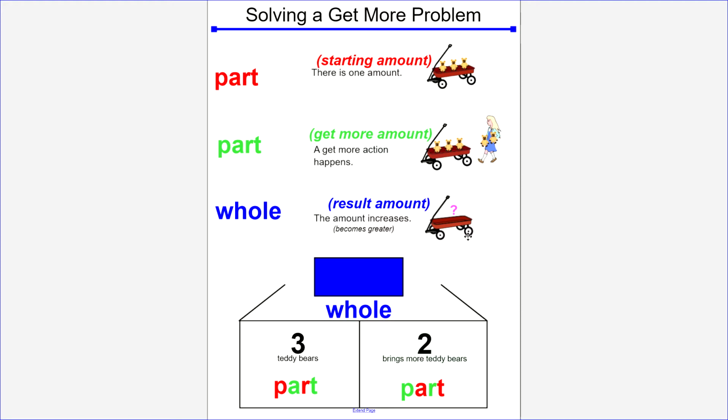Now, here we know that the result amount would be how many total teddy bears there are in the wagon, or teddy bears in all. The only thing is we don't know what that number is, so we have an unknown. We would say that there are n teddy bears in all, because remember, we use the letter n to represent the unknown information.